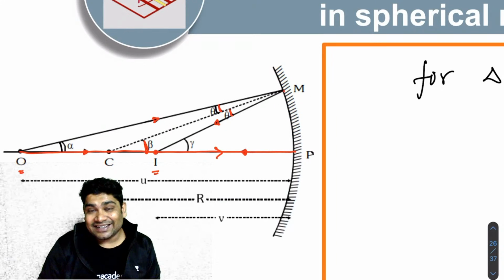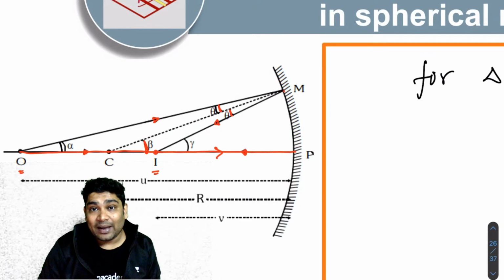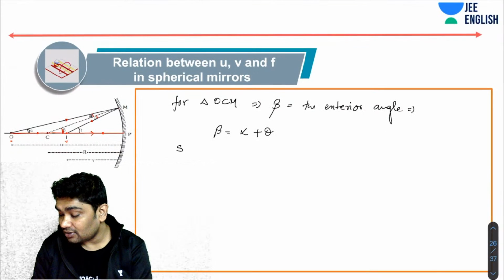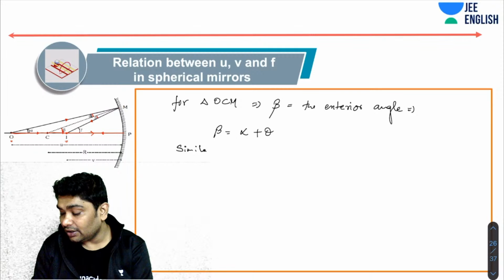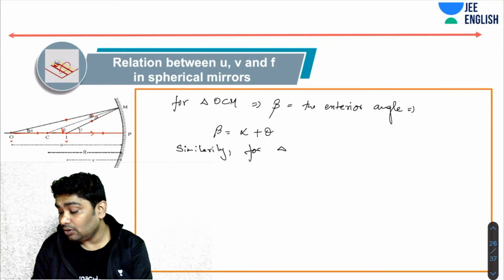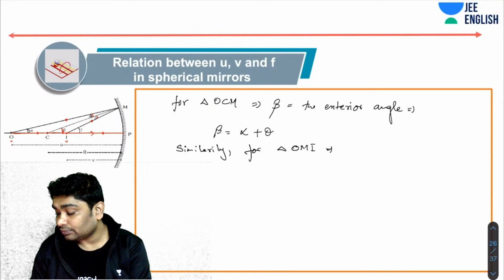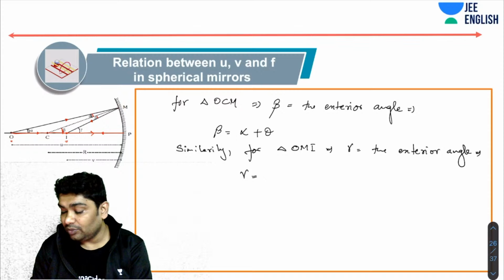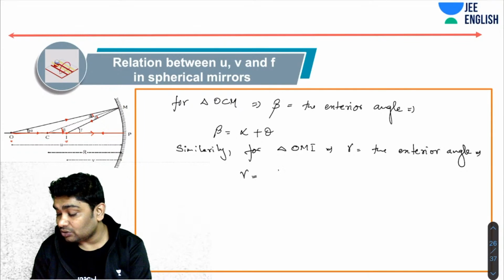Now let's take a look at the triangle OMI. Similarly, for triangle OMI, gamma is the exterior angle. So gamma would be equal to alpha plus 2 theta.